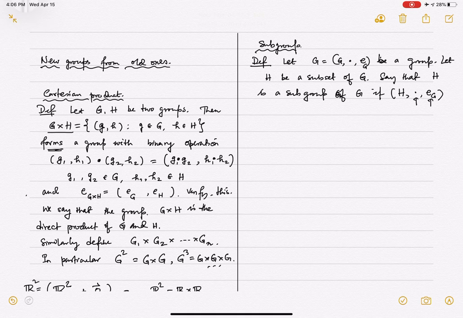And this dot is, I'll write for emphasis, the group operation of G. So H with the group operation of G and the identity of G becomes a group.